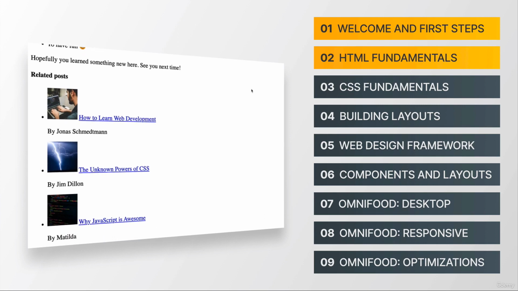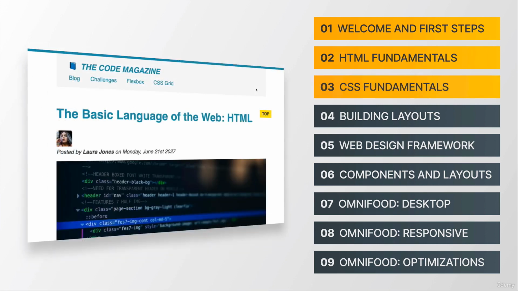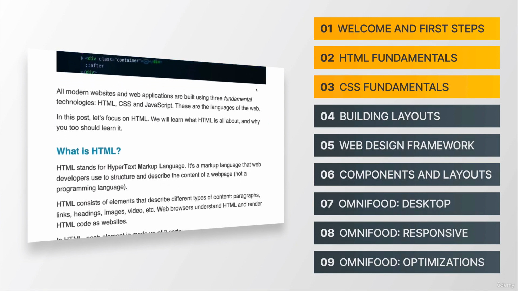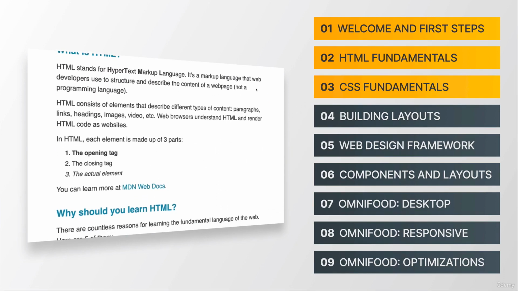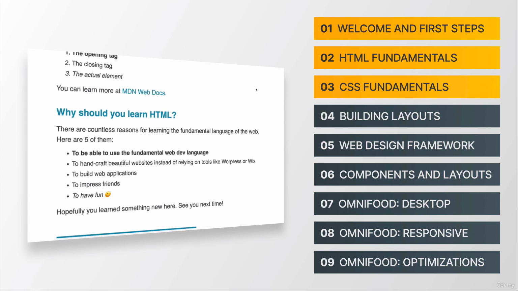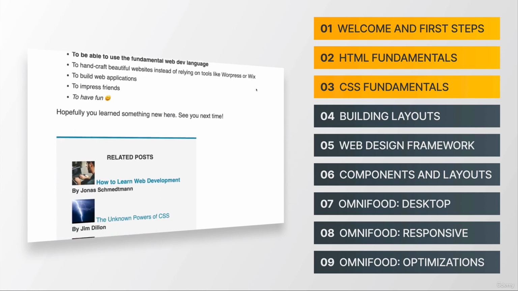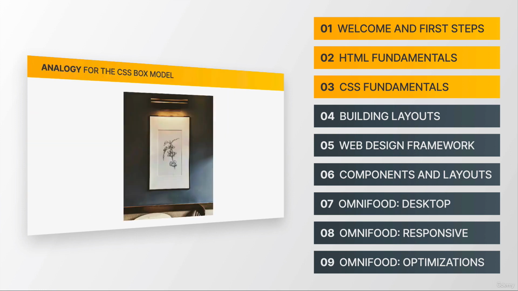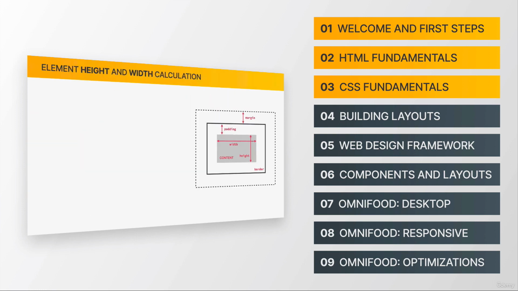After that, in section number 3, you're gonna learn the foundations of CSS. So things like styling text, the CSS box model, and sizing and positioning elements. And we will even talk about some developer skills such as reading documentation and debugging.